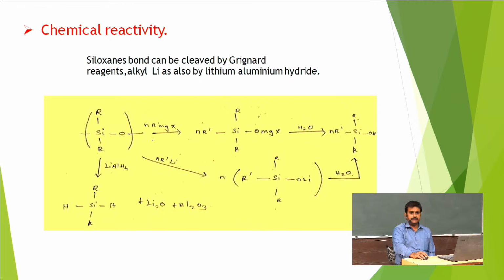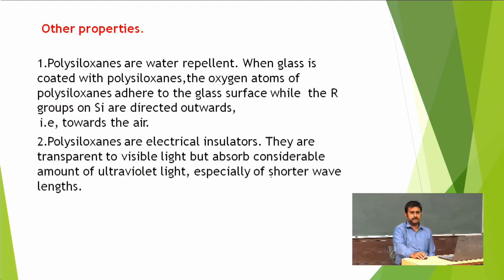For example, we have a particular silicone over here, and this is attacked by RMgX. It is a Grignard reagent, so it breaks the silicon bond and forms an MgX complex. It can further be hydrolyzed, and it can react with lithium aluminum hydride. So Grignard reagents break the bonds of silicones.